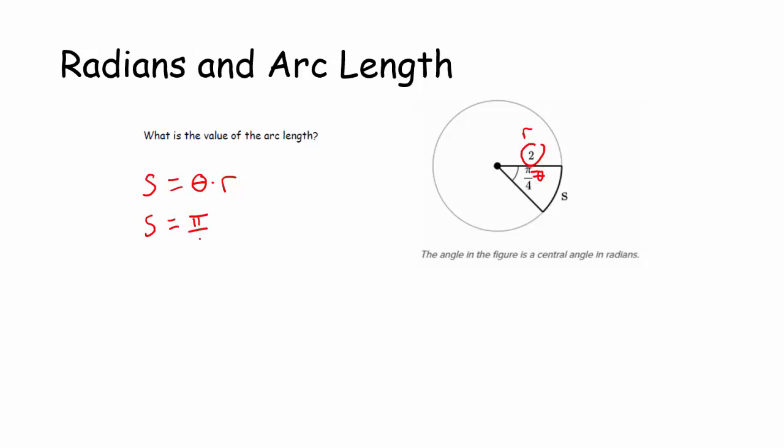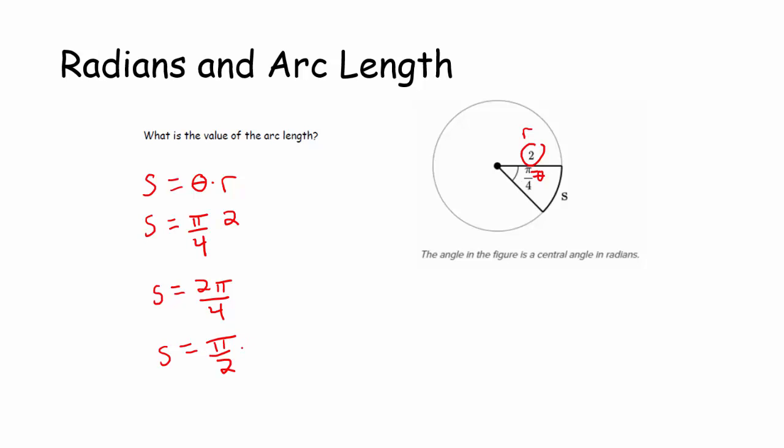You have to be careful because to use this formula, theta has to be in radians, but it is. We're given that theta is pi over 4 radians. So that's all set. Just plug that right in, and then multiply by the radius, which is 2. So S is 2 pi over 4, and if I reduce that, 2 over 4 is 1 over 2. So S is pi over 2.